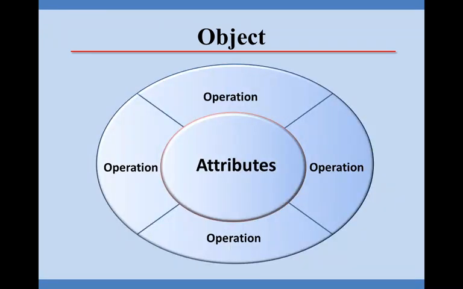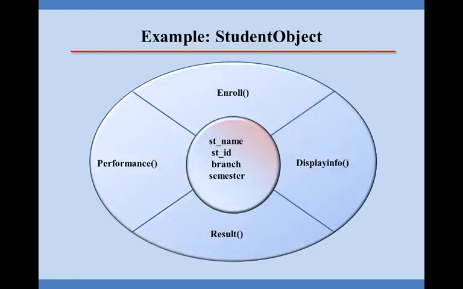So this object consists of attributes, that means data, and functions or operations which are associated with those attributes. So we have seen that small circle in the previous diagram as a big circle here. Let us take one example by which you will be able to understand what the attributes are. Here the student object is described, in which the attributes are student name, student ID or roll number, student branch, student semester, student marks.